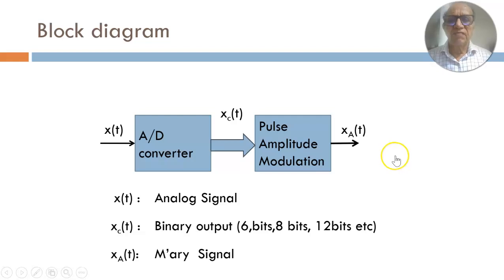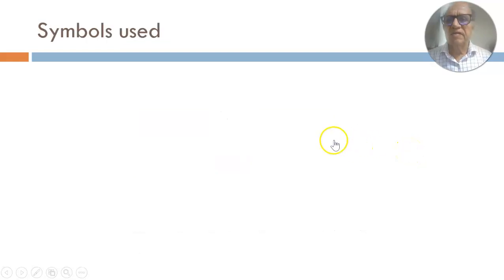Before looking at the circuit by which we'll be able to do this modulation, we look at the symbols used first.